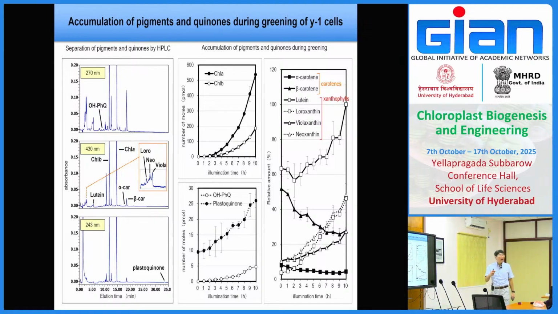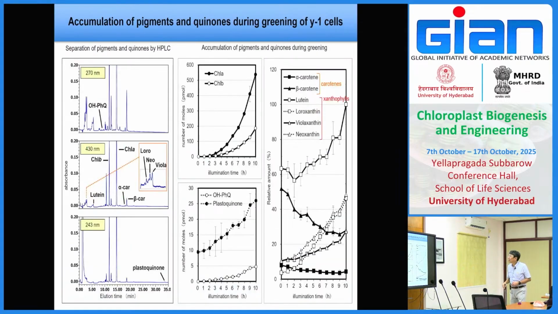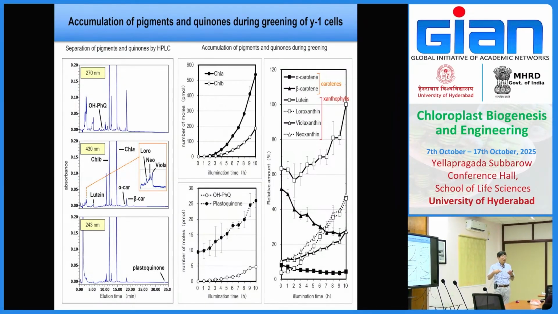So how does the pigment accumulation occur? This is just absorption of a mixture of chlorophylls and carotenoids. We don't know which component is accumulating, so we analyzed pigments by HPLC. We extract the pigments with organic solvent and analyze the composition of pigments by HPLC.